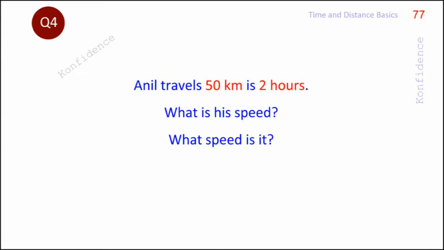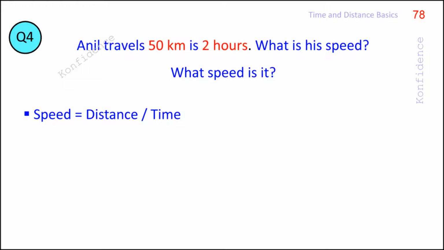Let us look at some simple questions to test what we have learned till now. Anil travels 50 kilometers in 2 hours. What is his speed? What speed is it? Speed equals distance by time equals 50 kilometers by 2 hours or 25 kilometers per hour.